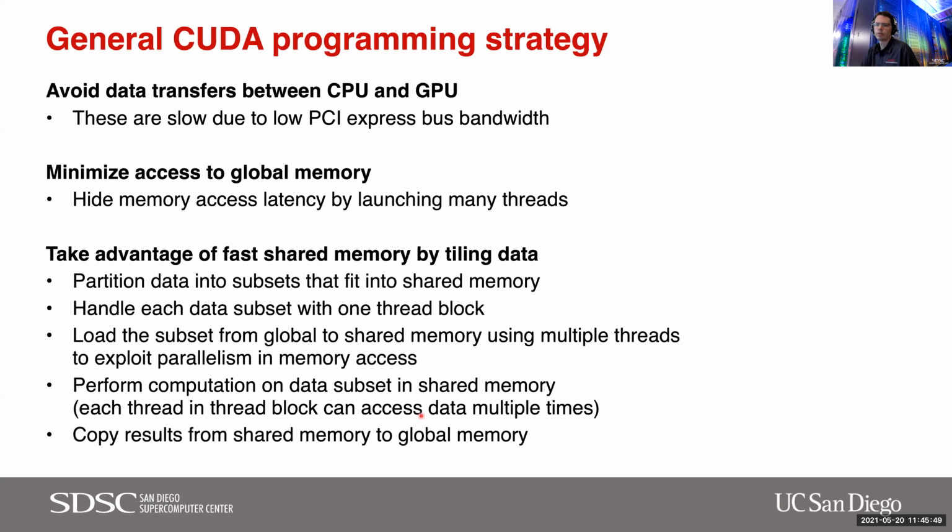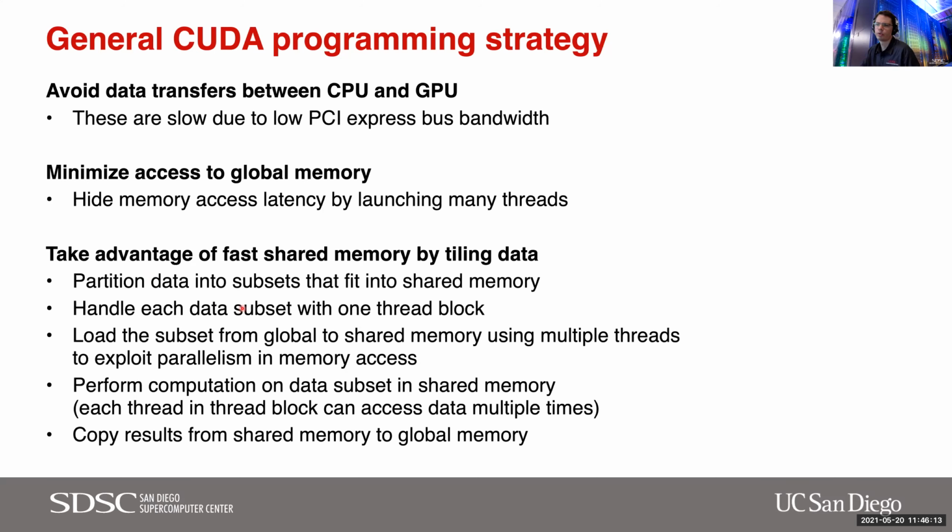And when you write code, you want to avoid data transfers between the CPU and the GPU because these are slow. You want to minimize access to global memory, for instance, by caching data in shared memory by tiling data, right? That fits into the shared memory, and each data subset will be operated on by a single thread block.